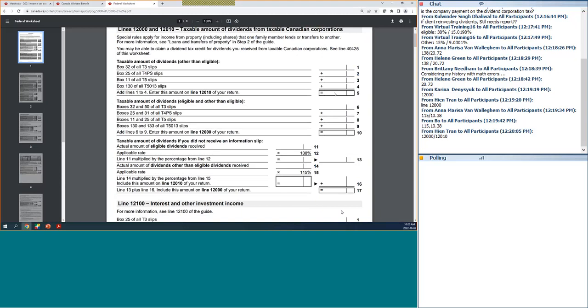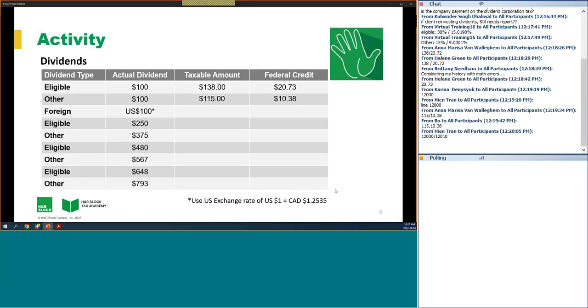So make sure when you do this form that you don't just put it on the reporting line, which is 12010, you also put it on the income line of the return, which is 12000. Does that make sense? So we separate it out, other than eligible first, taxable next, and then they have a place to do the calculating for you. If you did not receive a tax slip, you can enter it here, and that will go into the right places. Okay? Excellent.